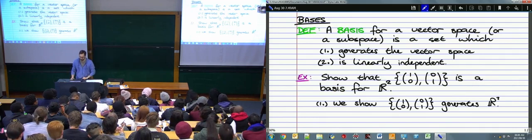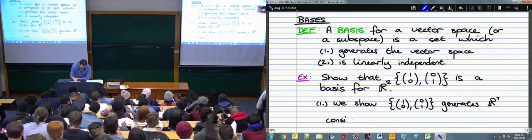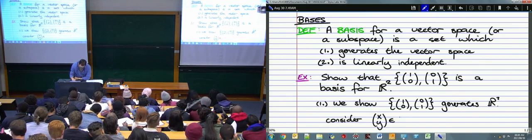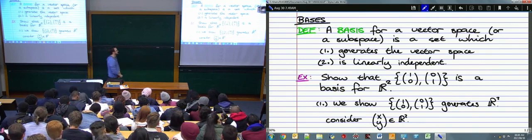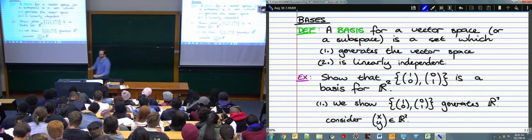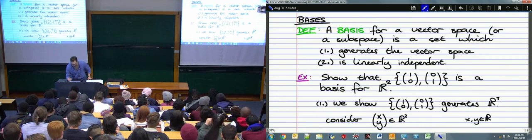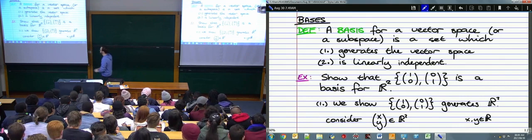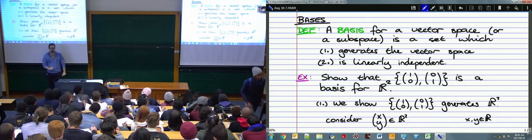So we take an arbitrary vector (x, y) in R2. We haven't imposed any conditions on x or y, except that x and y are real numbers; they can't be complex numbers, or they wouldn't be in R2. But we haven't said there's any relationship between x and y. We can choose x and y freely from the real numbers, so this is really just an arbitrary vector.